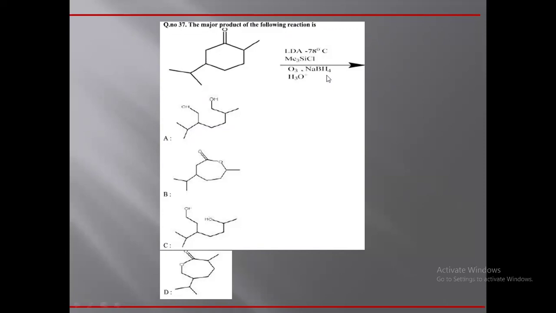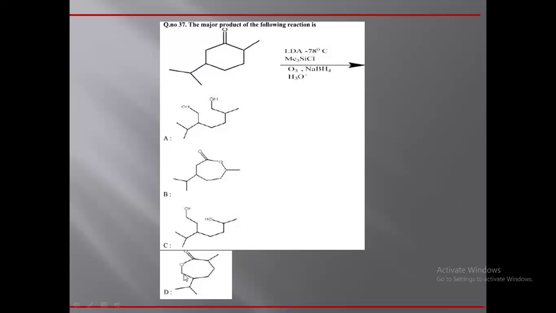Sodium borohydride is a weak reagent and can reduce only the aldehyde, whereas lithium aluminum hydride is the strongest reducing reagent and can reduce aldehyde, ketone, acid, ester and amide. So the aldehyde is converted into alcohol, and that alcohol will attack the acid. So option D is the correct one.